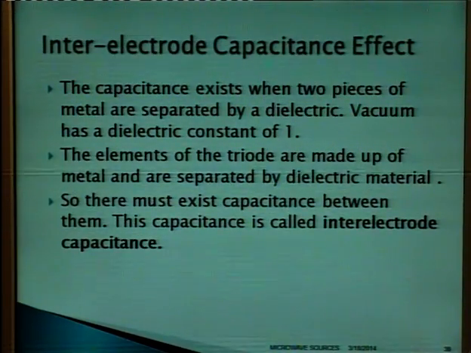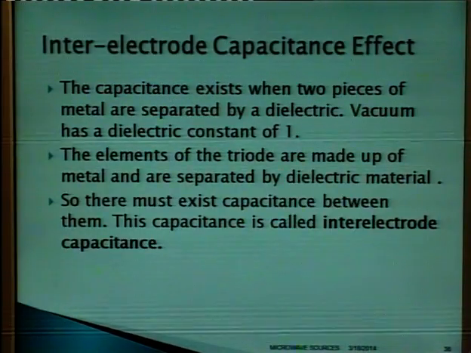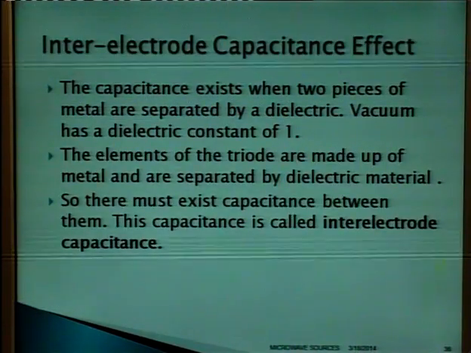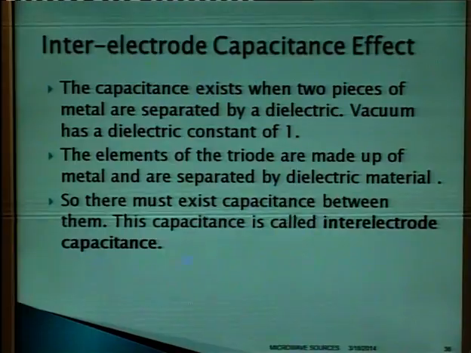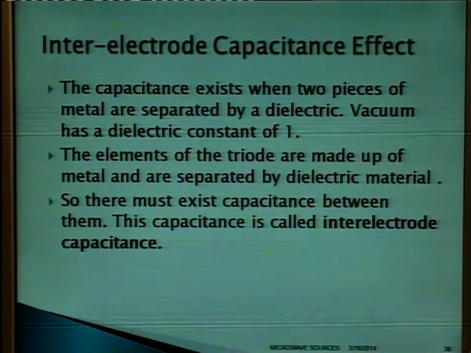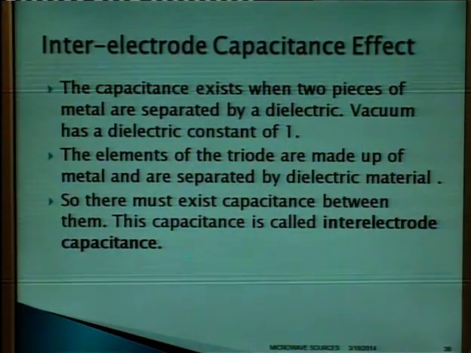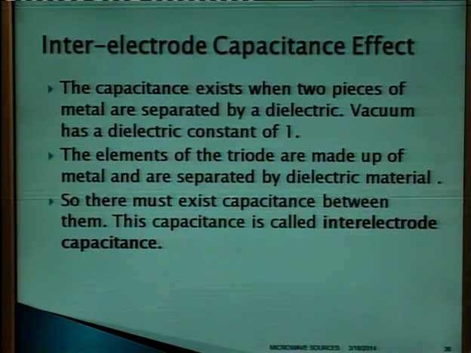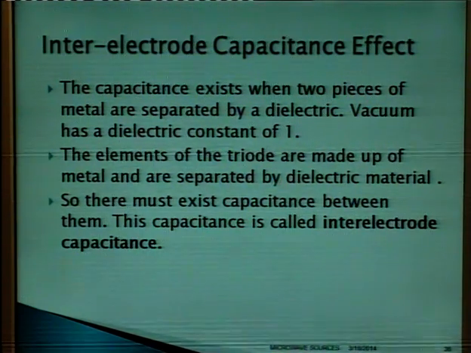Capacitance exists when two pieces of metal are separated by a dielectric, and we consider vacuum as a dielectric having a dielectric constant value of 1. The elements of a triode are made up of metal and they are separated by dielectric material.